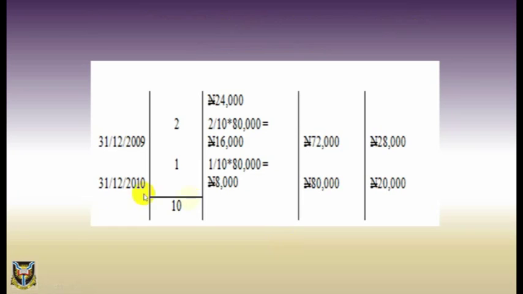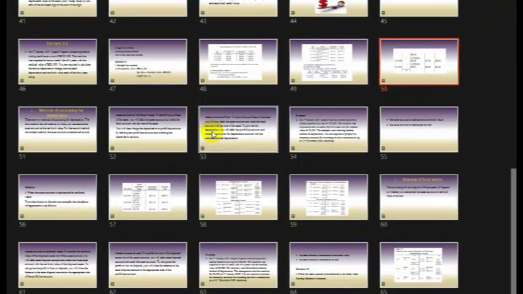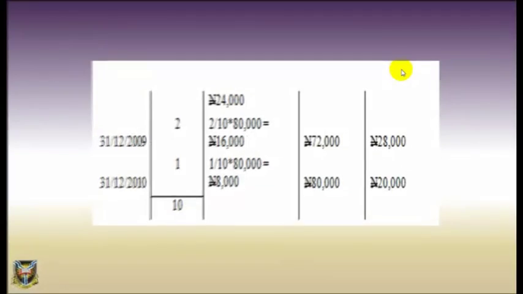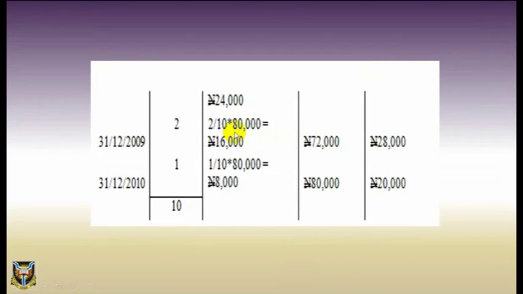Year ended 31st/12/2009. Digit assigned 2. Annual depreciation charge 2/10 times 80,000 is equal to 16,000 naira. Accumulated depreciation 72,000 naira. Net book value 28,000 naira.